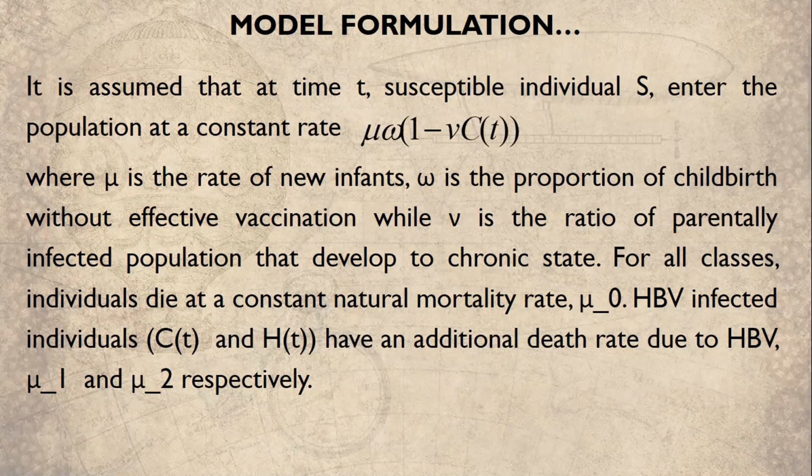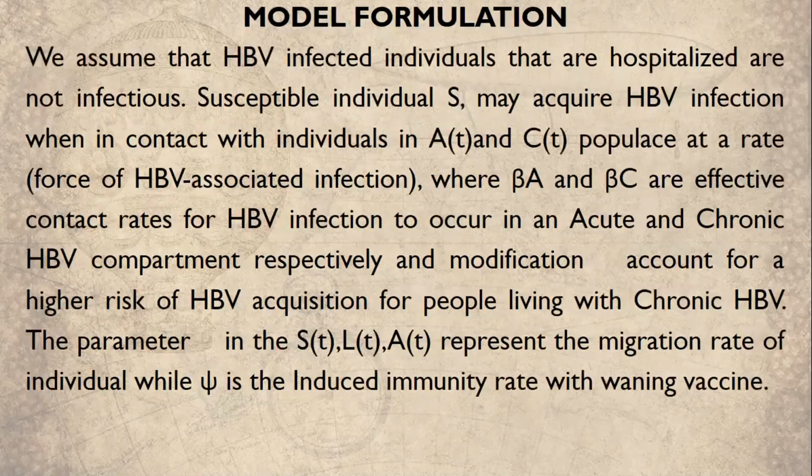Some individuals die at a constant natural mortality rate mu naught, while individuals have disease death rates mu1 and mu2(t) respectively in the C and H compartments. We assume that HBV infected individuals that are hospitalized are not infectious in this model.